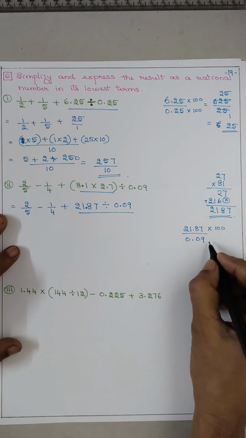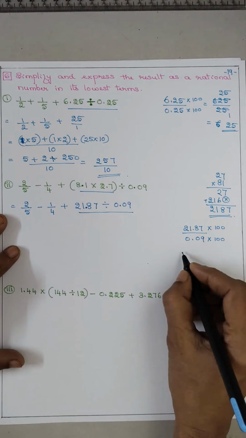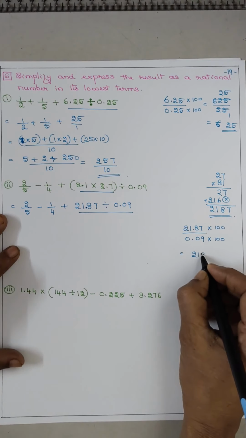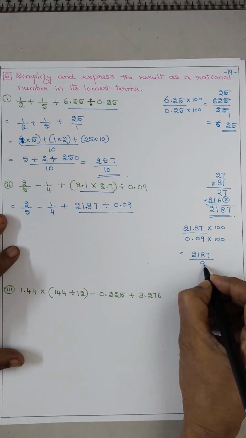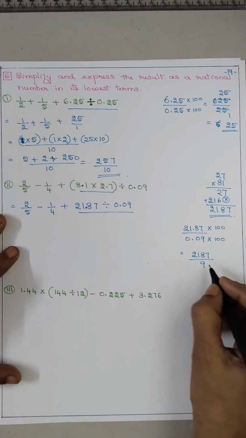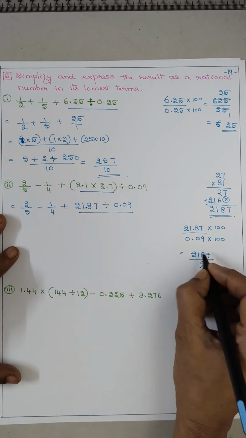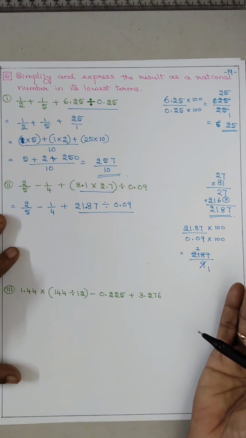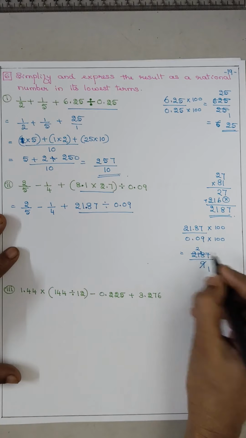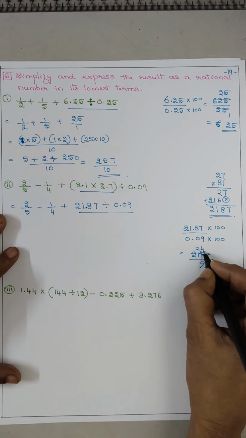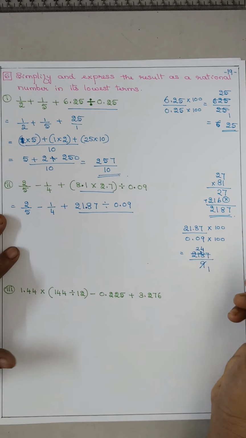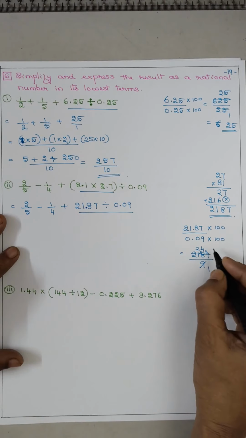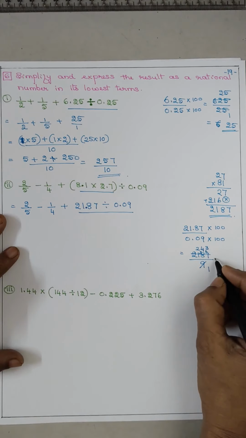Multiplied by 100, so you got 2187 upon 9. The 9 ones are 9, 9 twos are 18, 19, 20, 21, so 3, 38, 9 fours are 36, 37, 38, 2 remains, 9 threes are 27.